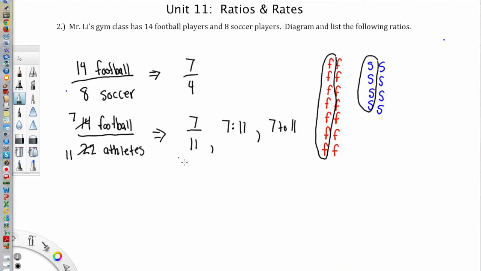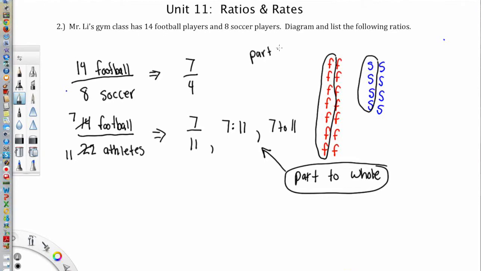And this here, we would call a part to whole ratio, while this is a part to part, because we're just comparing the 2 parts of the entire class, where here we're comparing the number of football players to the entire class.